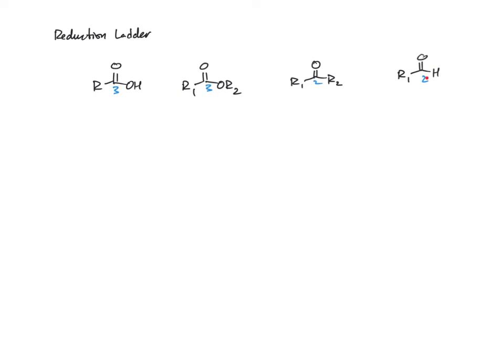So here's sort of a trend, and we can say that because these are both oxidation state 2, sodium borohydride will only reduce those, whereas lithium aluminum hydride will reduce all of these.